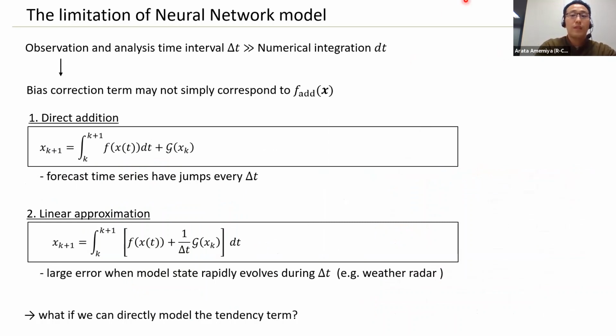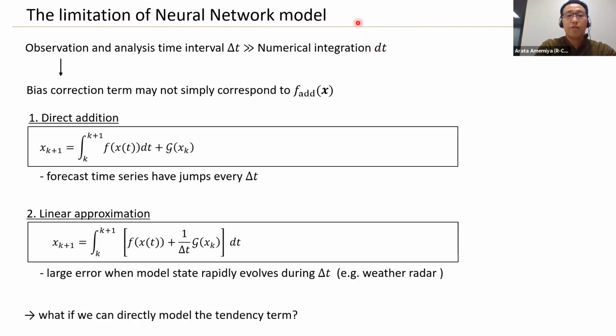So far we explored the bias correction using neural networks with the analysis time series as training data. But that approach has one limitation when the observation and analysis time interval is much larger than the time interval of numerical integration of the forecast model, dt.